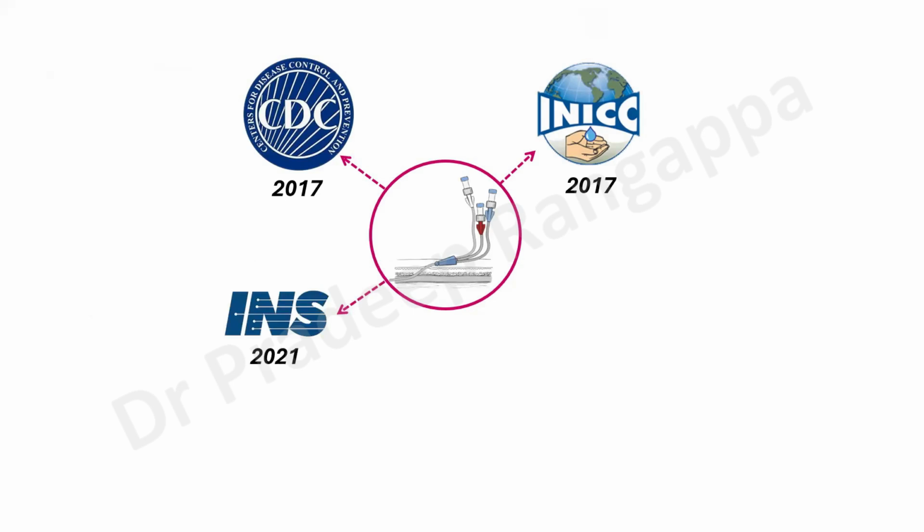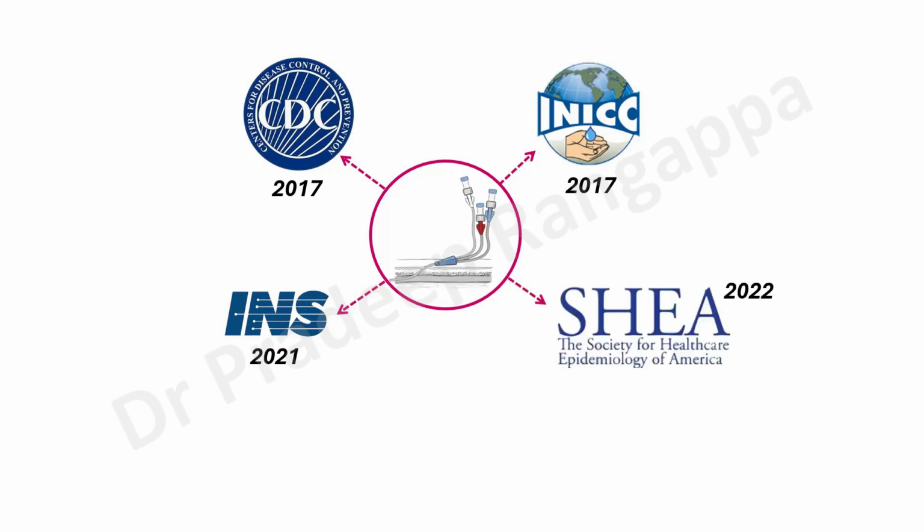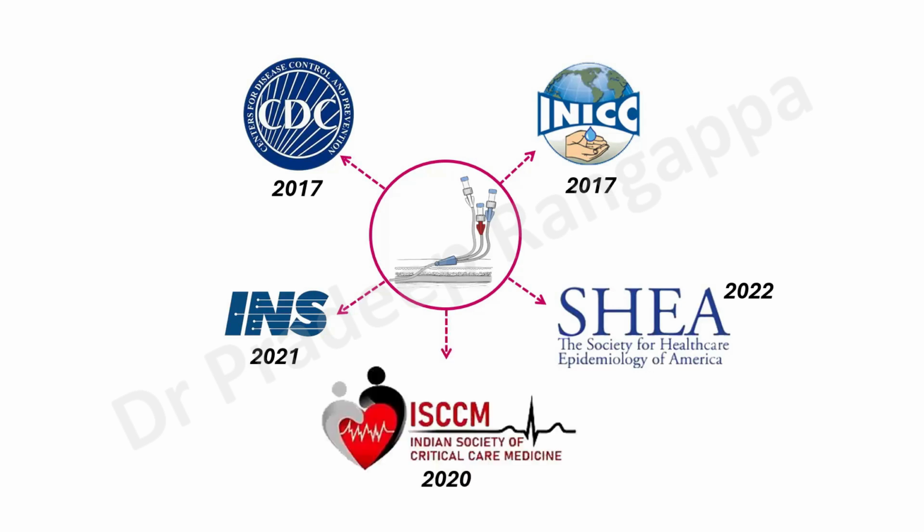INS, the Infusion Nursing Standards, came in 2021. Then there was the Society for Healthcare Epidemiology of America, called SHEA, which came out in 2022. And all these are endorsed even by the Indian Society of Critical Care Medicine.